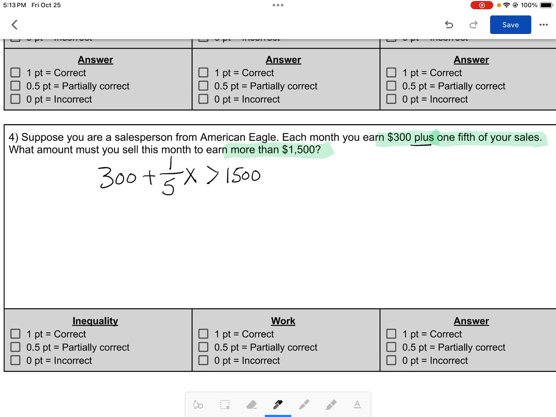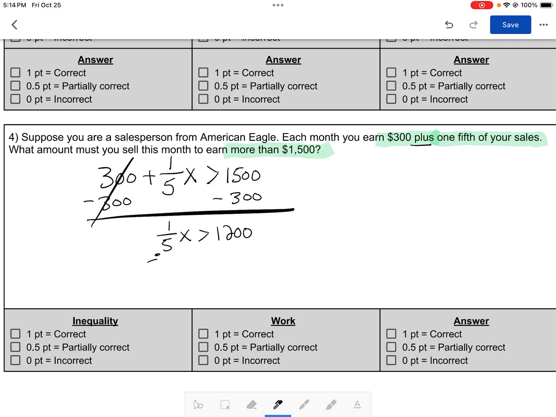So now I'm going to solve this like a normal inequality. I'm going to subtract 300 on both sides of my inequality. These 300s cancel. I have 1/5 X is greater than 1,200. Now remember that 1/5 X, that's a fraction, and fractions are the same as division. So I need to do the opposite of division.